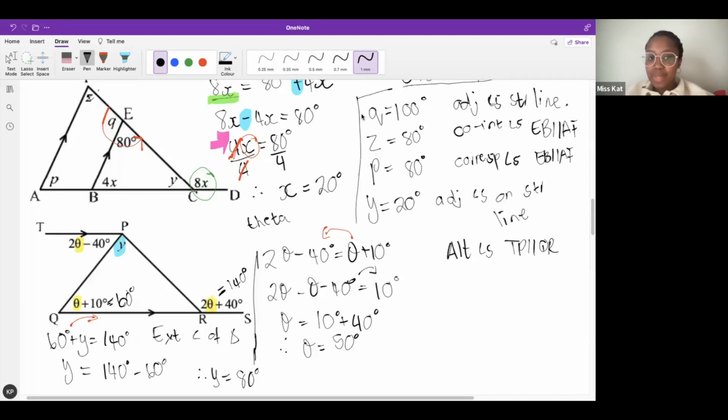Hi, ma'am. Hello. Ma'am, can I ask how did you get 140 and the 60? So we solved for theta, right? We said theta is 50. So therefore, where you see a theta, you must substitute 50. So if you put 50 there, it's going to be 50 degrees plus 10 degrees.